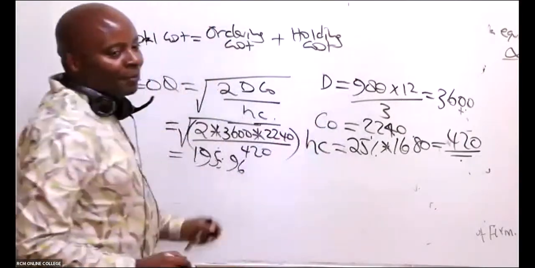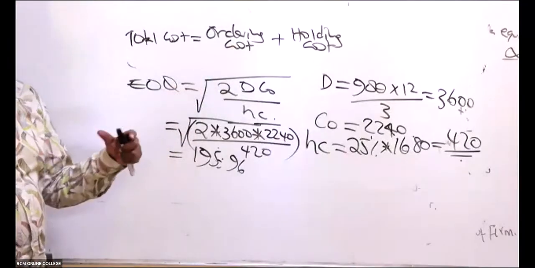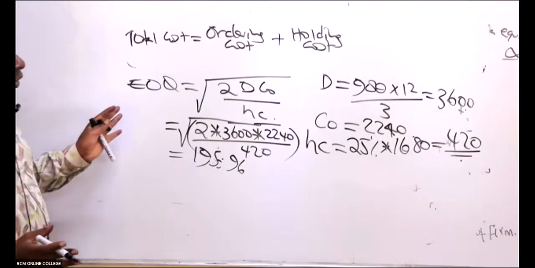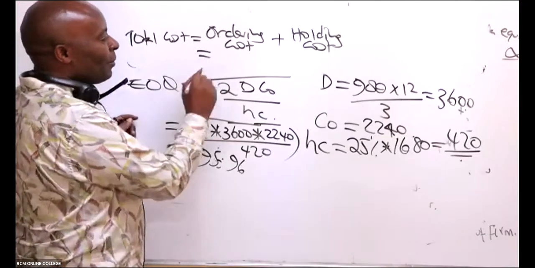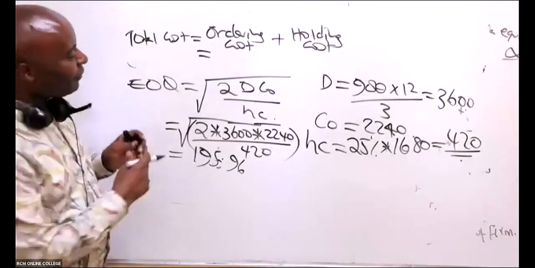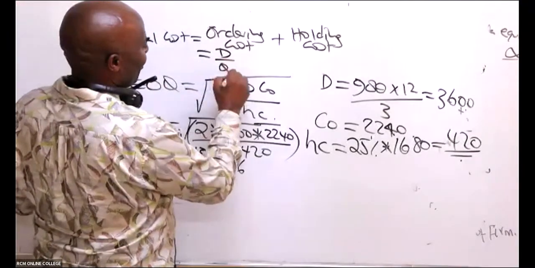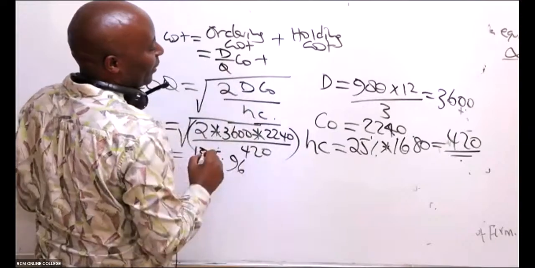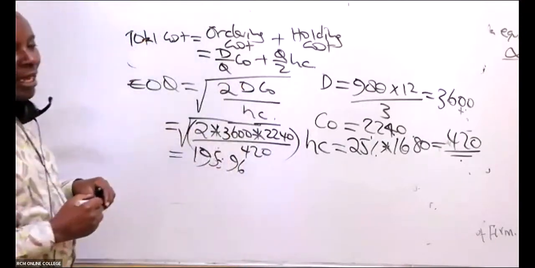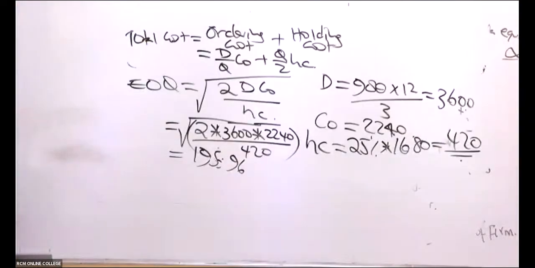Here, we cannot bring purchase cost. Purchase cost is irrelevant because there is no discount. So we only have 2. Is there somebody who is able to remember the formula? D over Q, CO, plus Q over 2, HC.